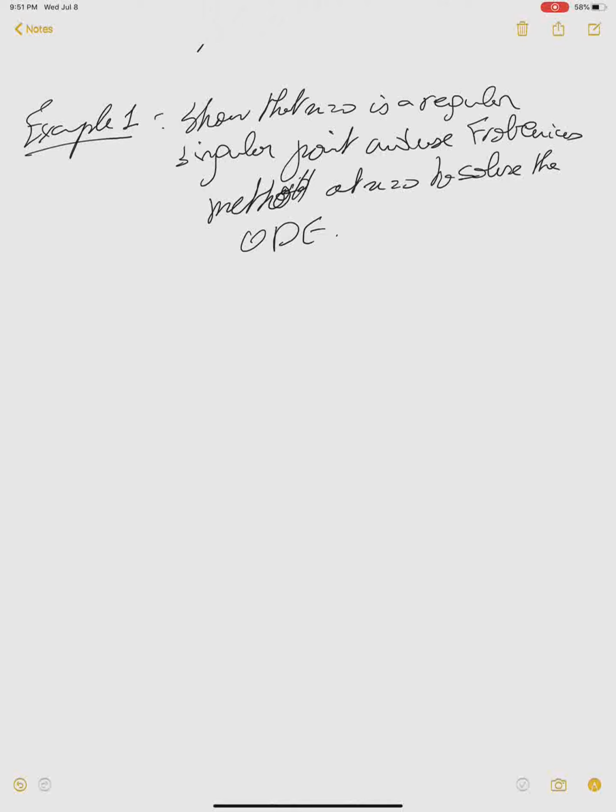Okay, first equation. Now this example is going to need some time. You have to be very careful when you solve them. 2x y'' + (1 + x) y' + y is equal to 0, and this is for x positive.